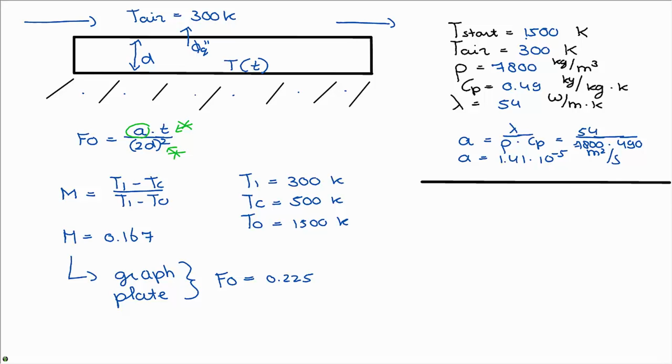Now they wanted to know how long it would take to reach this temperature for a plate with a certain thickness. Then I can use the formula we've just seen.